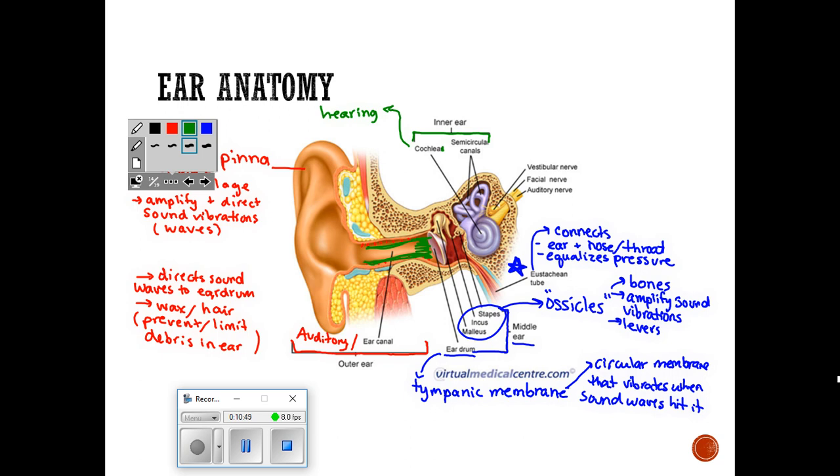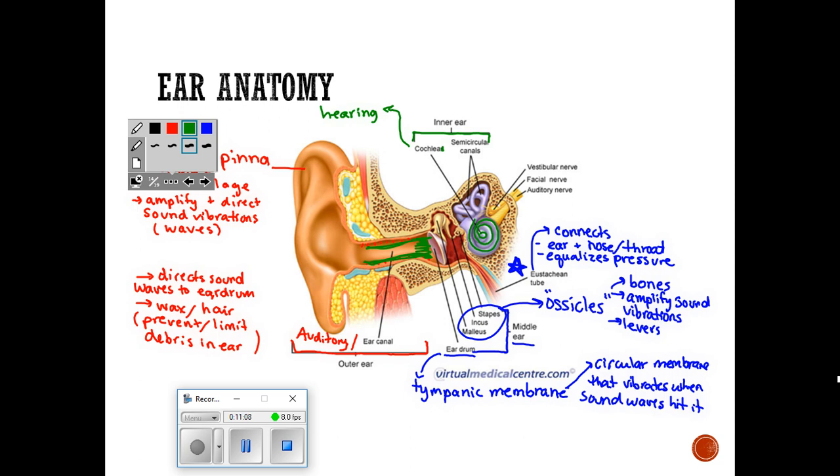So when we look at the picture, this thing that sort of looks like a snail shell, that's the cochlea. Now we'll actually have lots to say about what's going on here, and the next couple of pictures will be us zooming in on this structure. So for now, I'm just going to say that it's responsible for hearing.